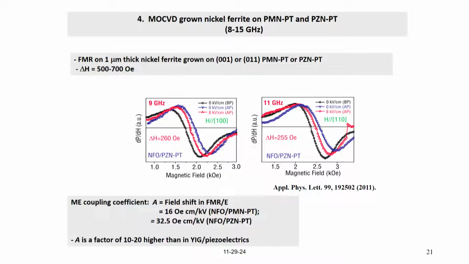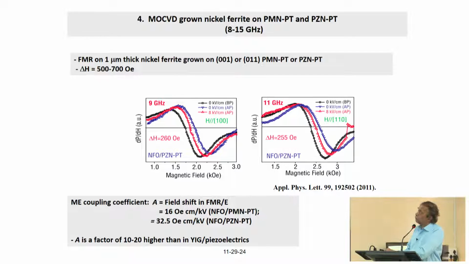And these are similar data for a sample of 1 micron thick nickel ferrite deposited on PMN-PT or PZT by metallo-organic chemical vapor deposition. The deposition chamber is enclosed. There is a substrate of some material.